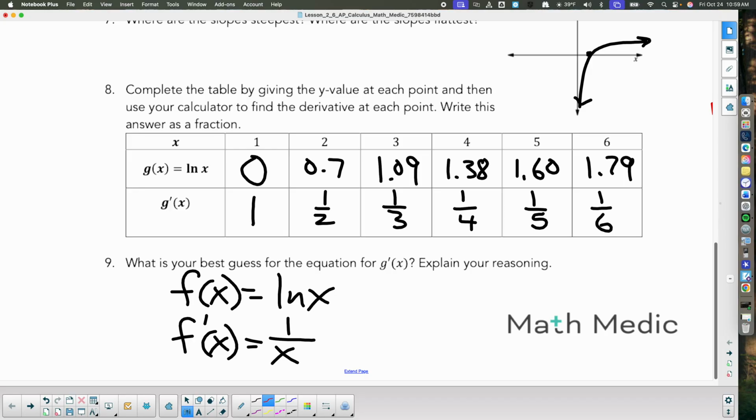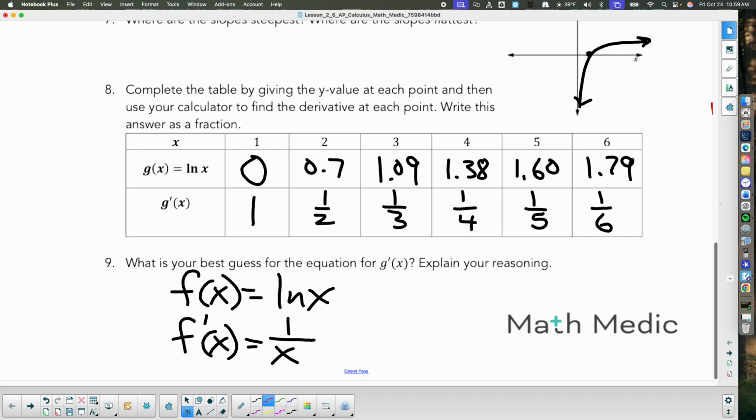Go ahead. Why is G prime of x at x equals 1, why is it 0? G of x is 0, but G prime is 1. Is that what you said?